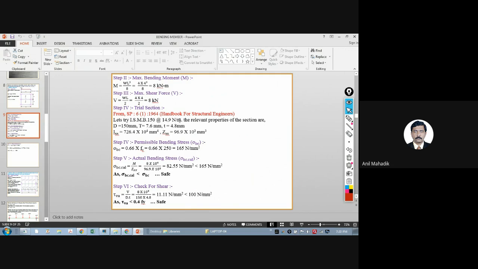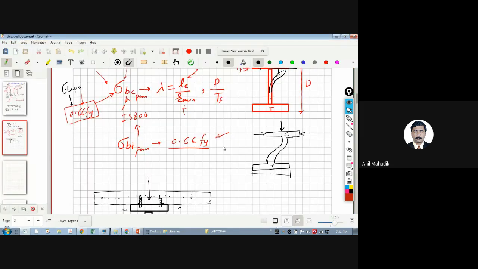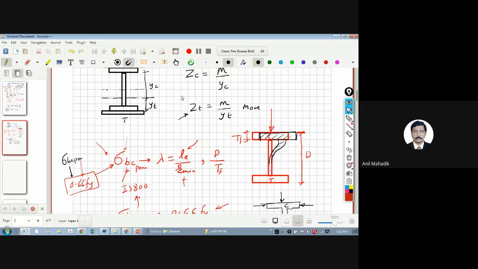So the weight is given in the code. D is 150, capital T is 7.6 mm. Capital T, all of you know, is thickness of flange. Then small t is thickness of web.